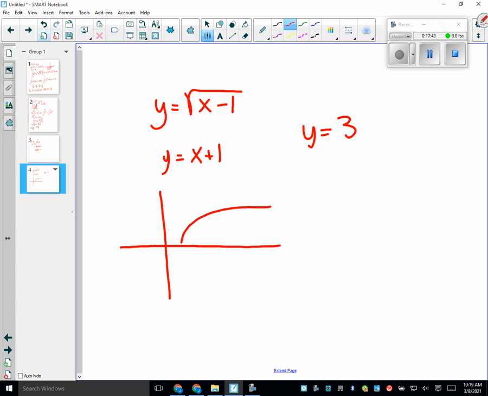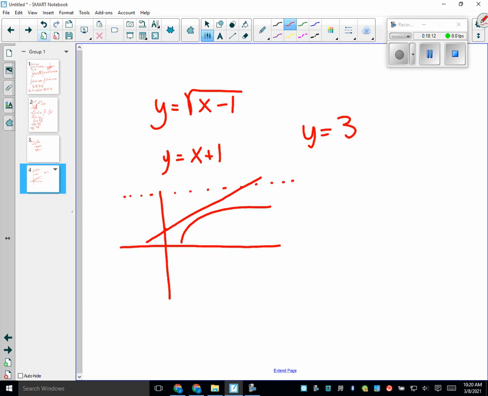How did you know that? I'd just like to know how you knew that looked like that. Radical x minus 1. What does this look like?